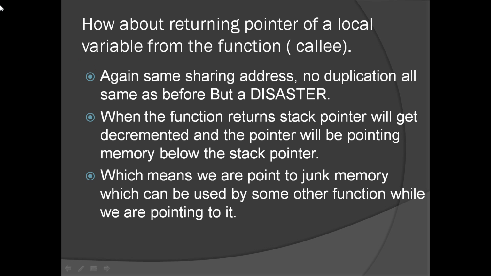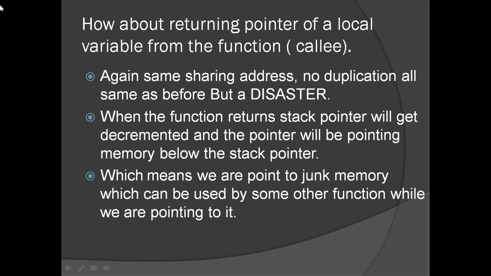Now there is a related topic of discussion: returning the address of a local variable. Again, same sharing of address, no duplication at all, same as before, but this is a disaster. When the function returns, the stack pointer will get decremented and the pointer will be pointing to the memory location below the stack pointer, which means that it is a junk value.